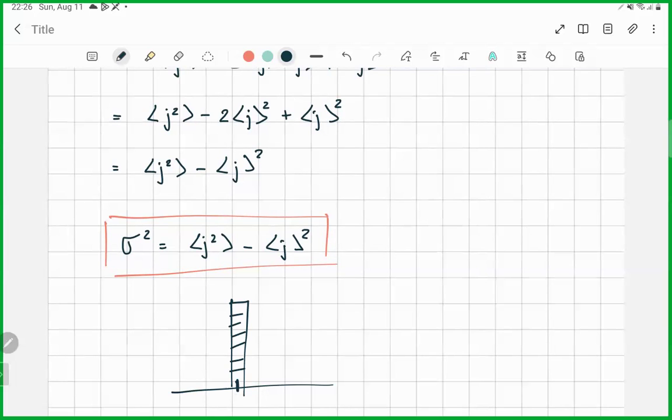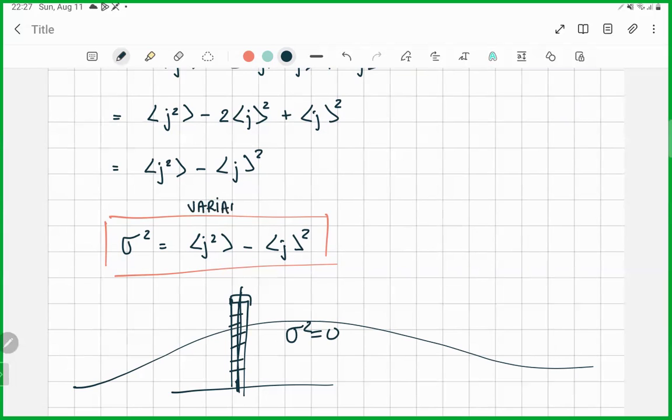Like in the case of the rooms that we are talking about, if everybody has exactly the same age, the variance would be 0. But usually what we have is some variance. The larger the variance, the more spread out the distribution is. So this is the variance, and we'll be using the variance a lot in this course.